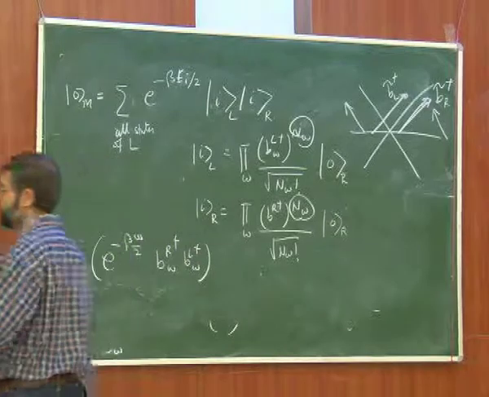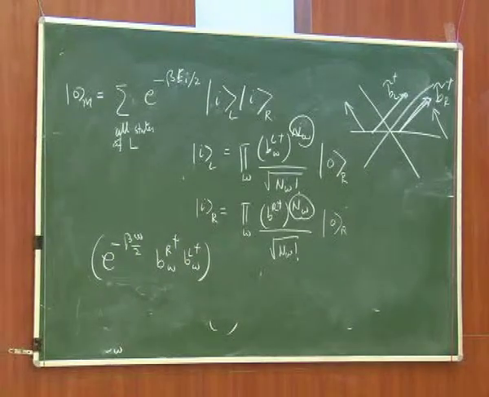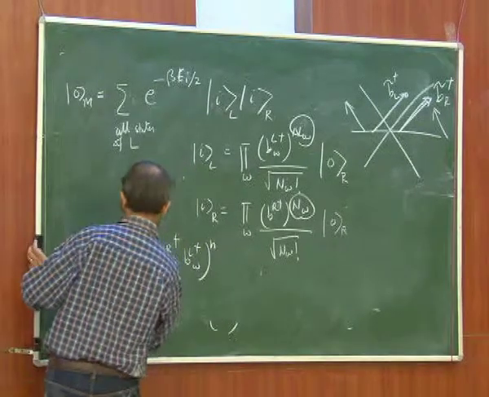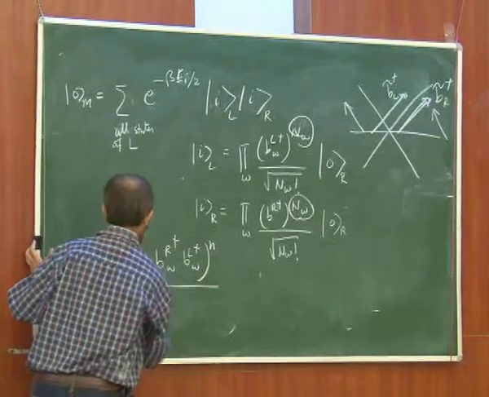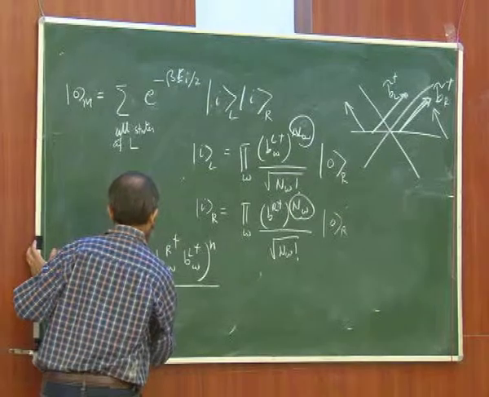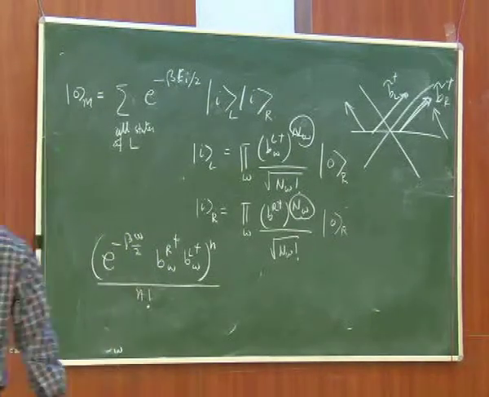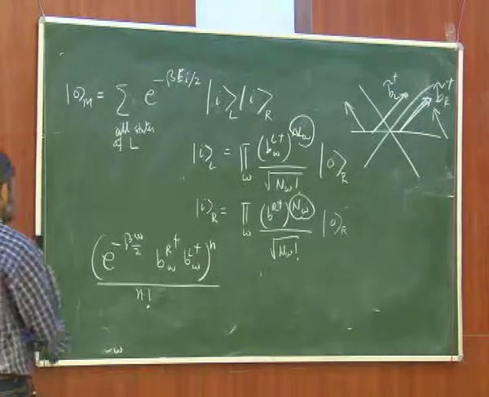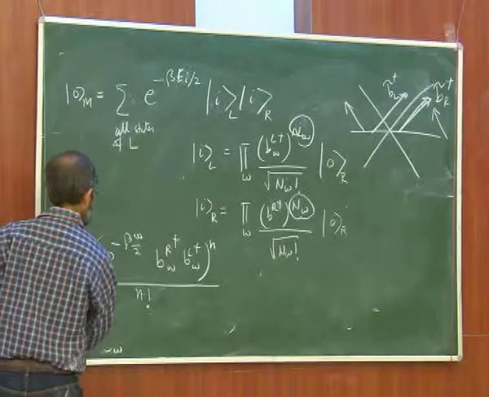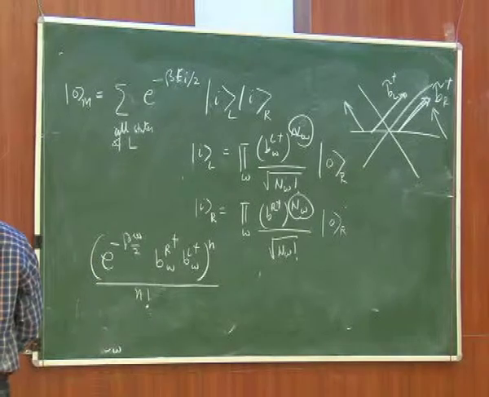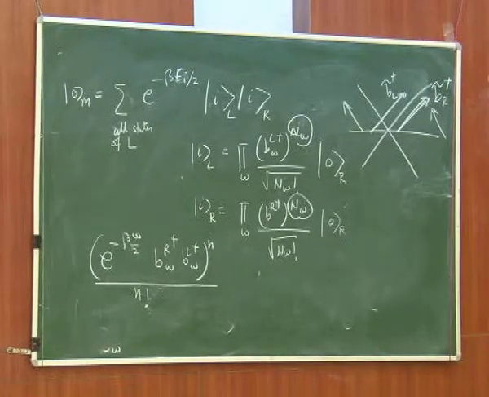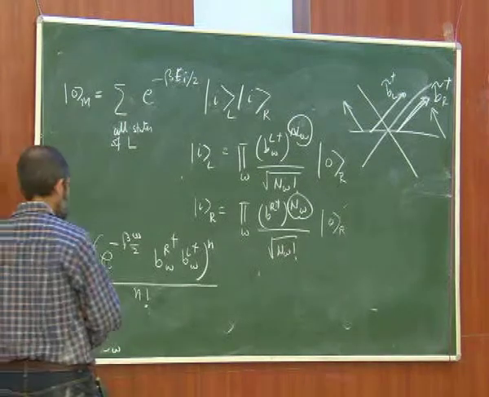If I expand the big exponential here, then it will be like n divided by... omega over 2.